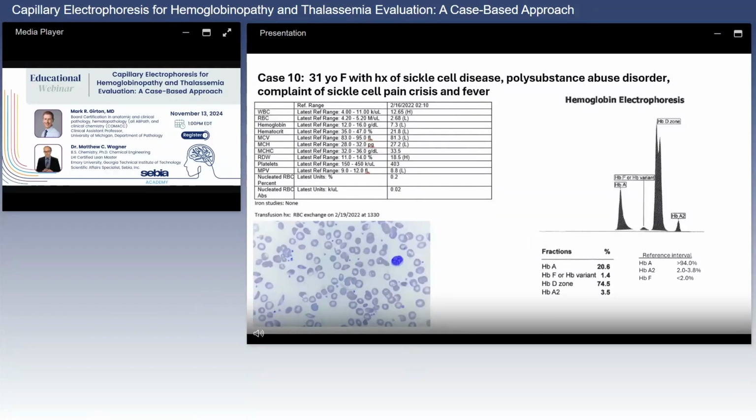Those shapes include elongated sickle shapes, like we would expect to see on a sickle cell anemia patient's blood smear. This patient had no previous iron studies and was noted to have had a red cell exchange on the same date, but after this CBC was run.